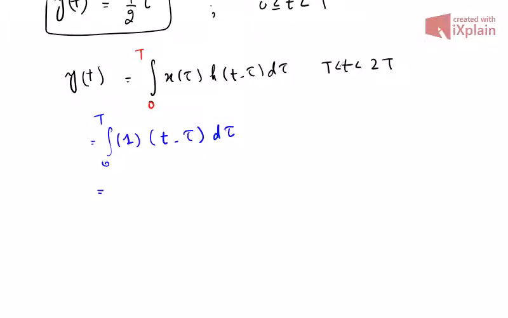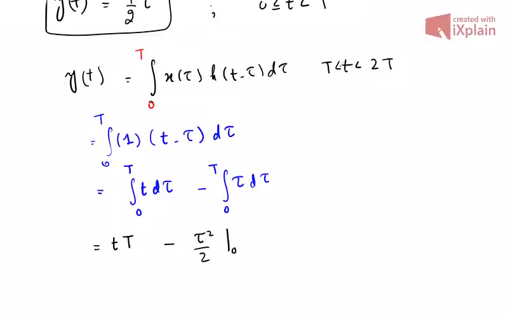And if we see here, this is integrating. Again, we split it into two integrals, and we have tau d tau from 0 to capital T. So this would be t times capital T, and this would be tau square over 2, from 0 to capital T. So we can evaluate it: t times capital T minus tau square over 2.